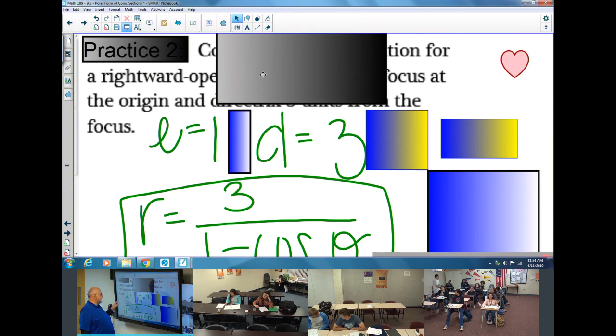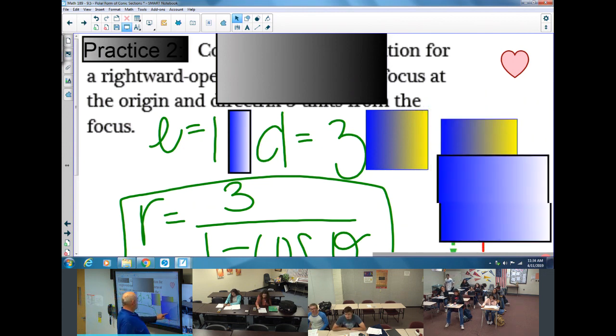Now, can anyone tell me the equation of the directrix? It didn't ask you to find that, but can anyone tell me? X equals -3.